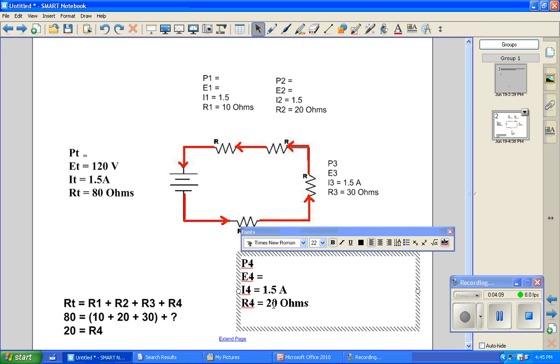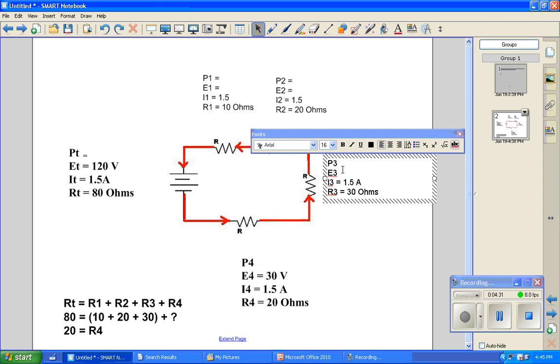1.5. So let's put in your handy dandy TI-30X2S calculator. Let's put in 1.5 times 20, and we get a total of 30. So we're dropping 30 volts across there, right?